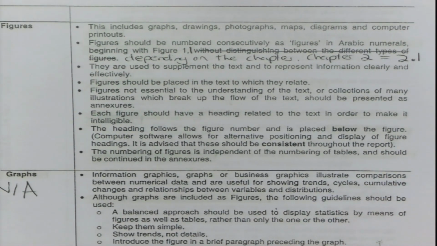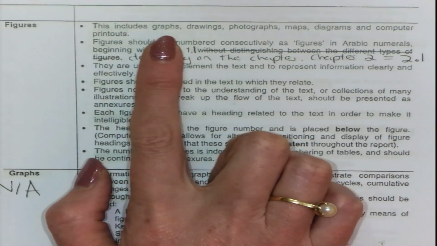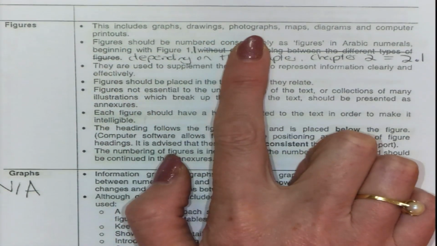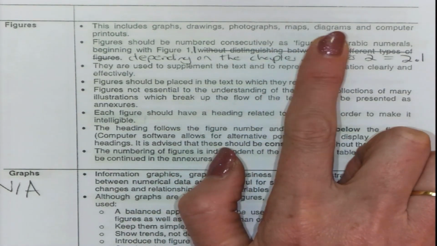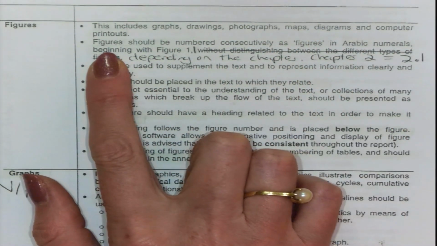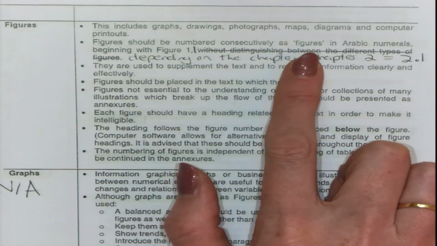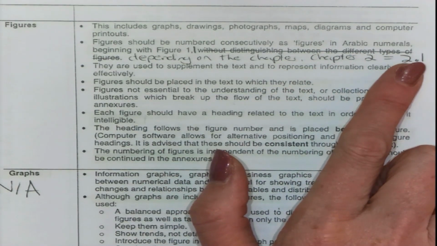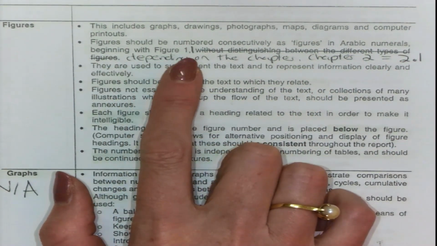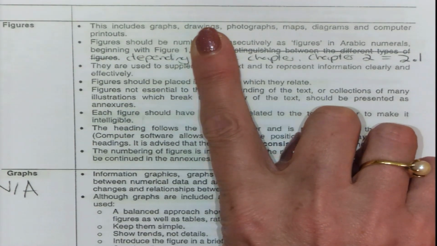Now, what is a figure? Everything except a table is a figure. So figures include graphs, drawings, photographs, maps, diagrams, computer printouts. Figures should be numbered consecutively in Arabic numerals, beginning with Figure 1 only in your assignments.